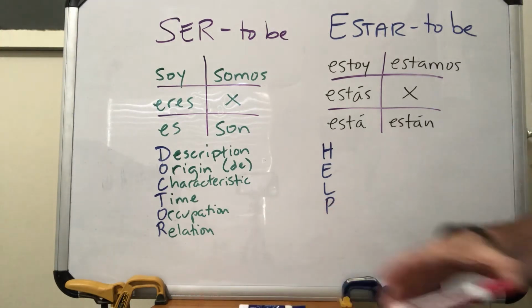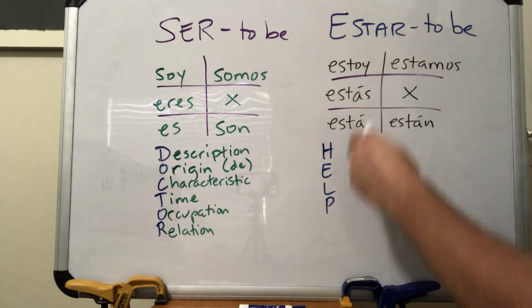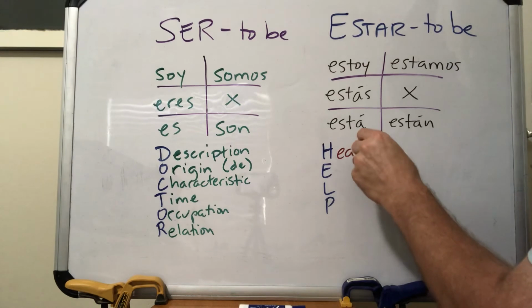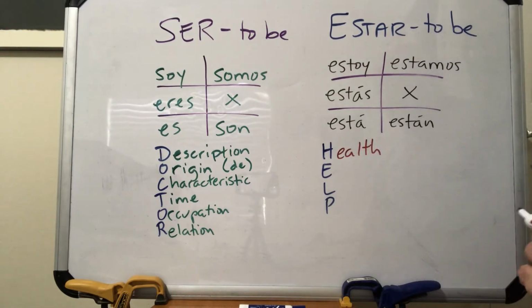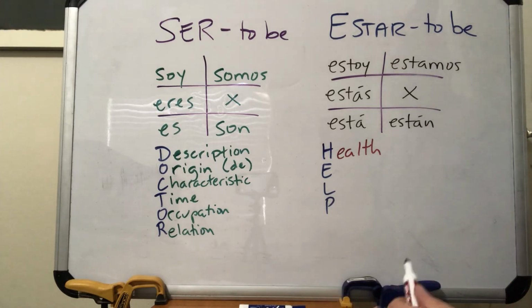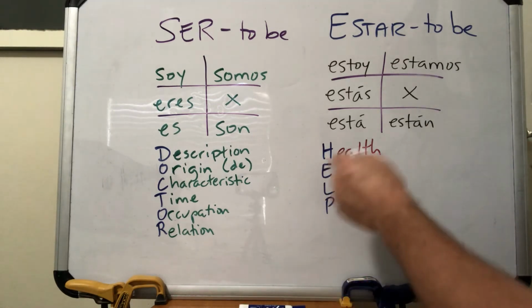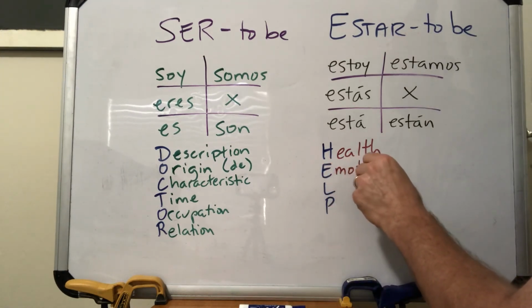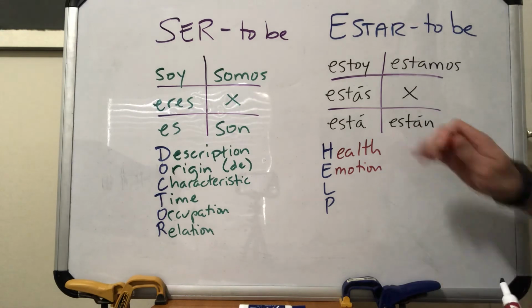For over here, under help, we use estar when we're describing our health. So, sick, tired, depressed, nervous, all that types of things. Oh, nervous would probably be an emotion. That's this next one. Very close though. So health or emotion.